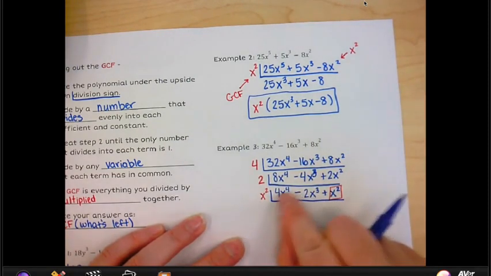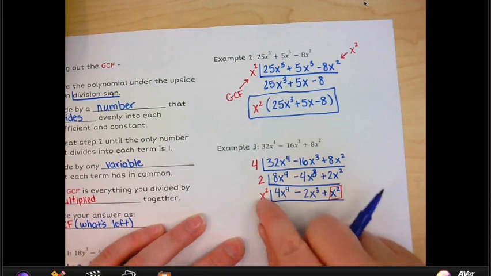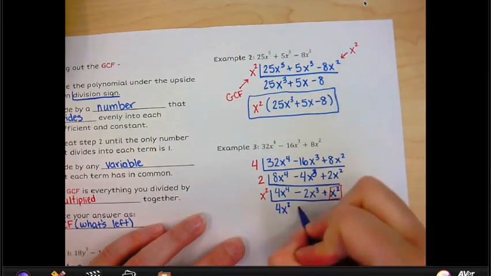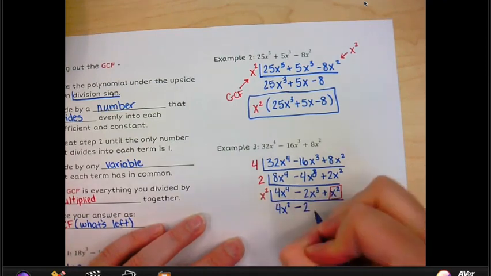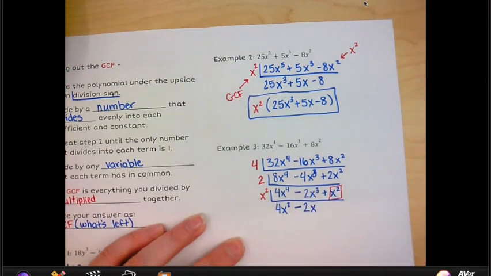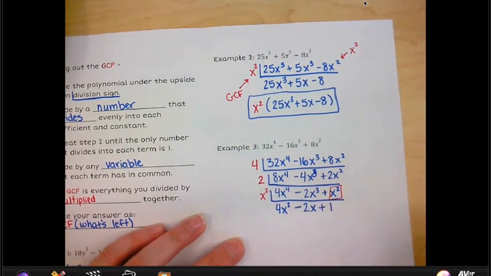Remember, when I'm dividing variables, I subtract those exponents, because I'm taking these 4 x's being multiplied from that exponent, and I'm dividing 2 of them out. So I would have 4x squared minus 2, well, x to the 3rd, dividing out 2 x's would leave me with an x. And x squared divided by x squared, anything divided by itself, is always 1.